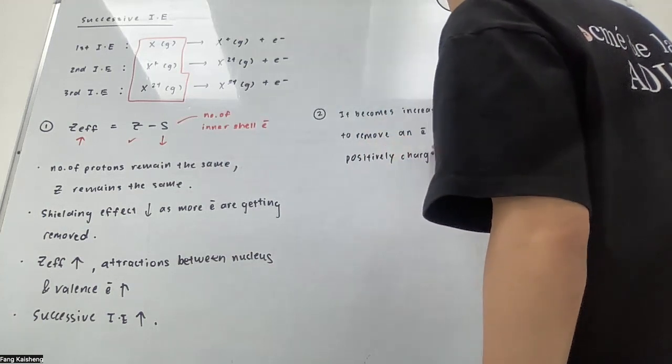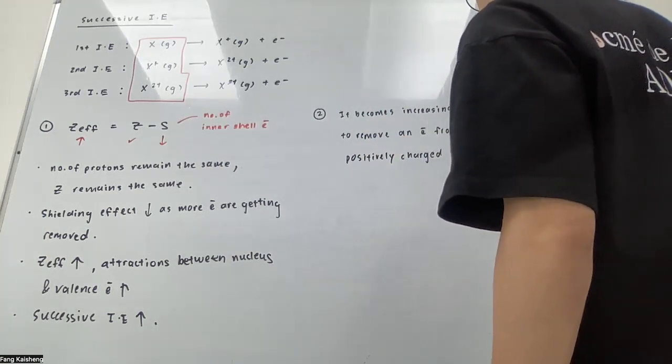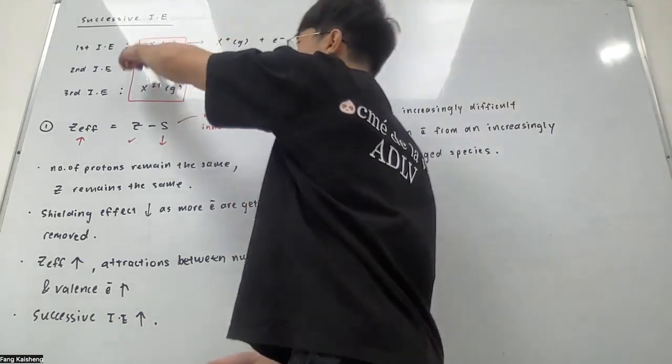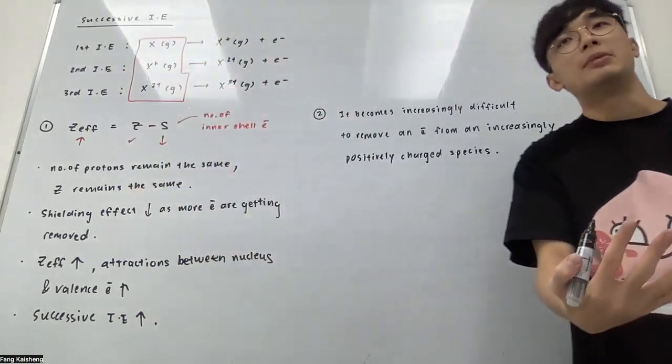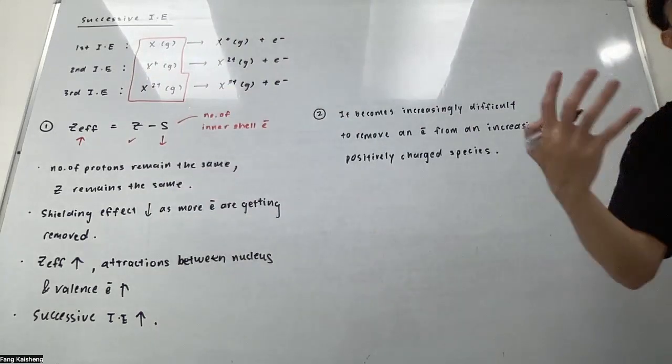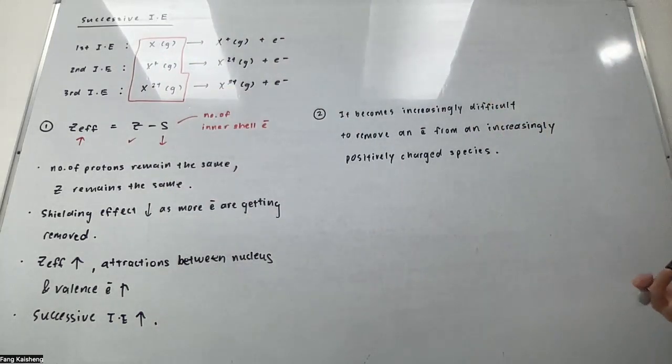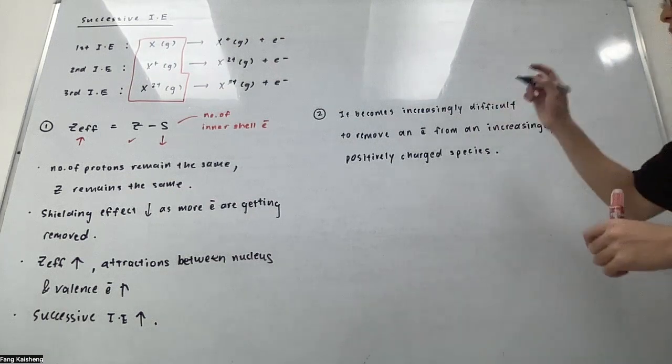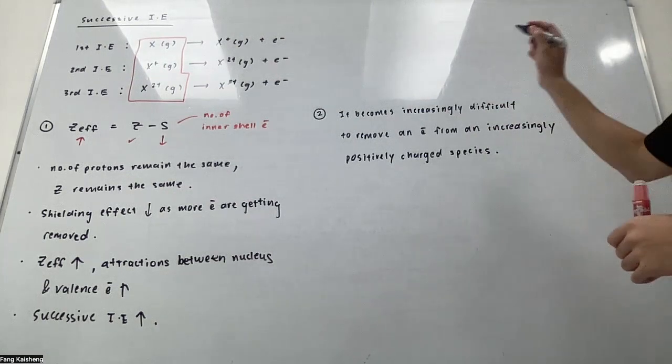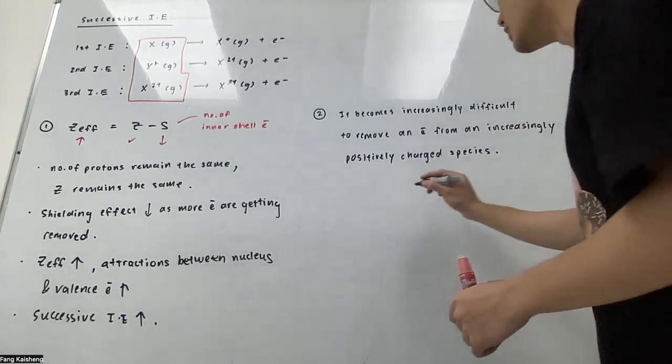I use the word species and not cations or atoms, because here the atom suddenly becomes a cation. So the overall term that is better to use, a more versatile term, is the word species. Okay, not done yet.